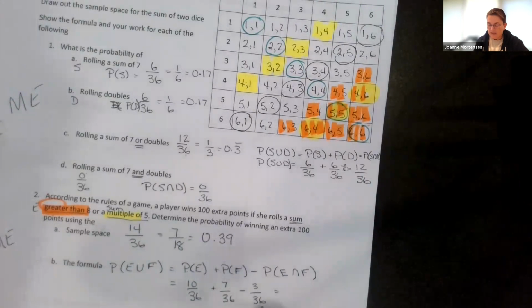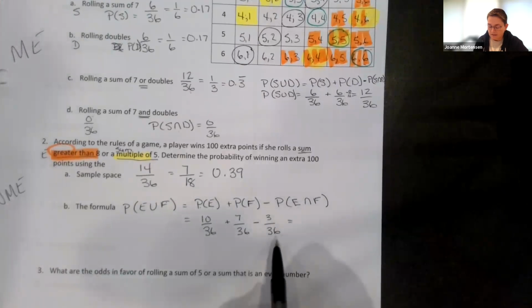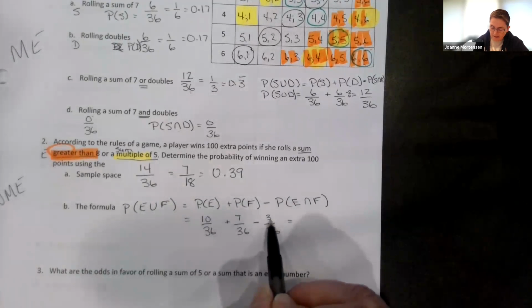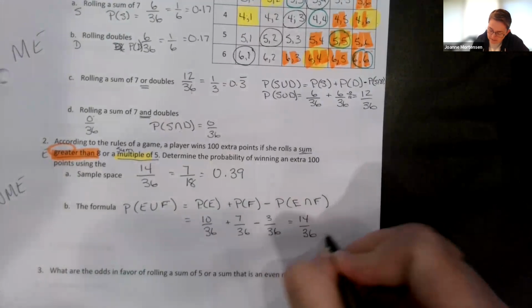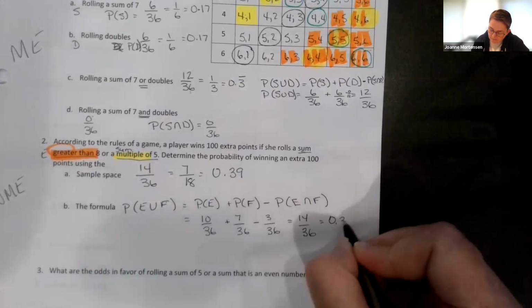And I'm just going to leave that denominator, the denominator of 36 and do my math, and then I can reduce it later. So 10 and 7 is 17. Minus 3 is going to give me 14 out of 36, which it's over there, 0.39.